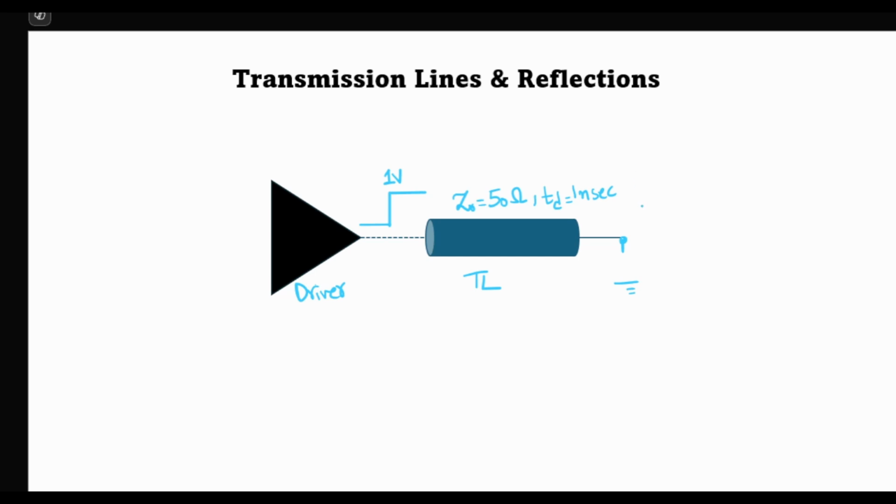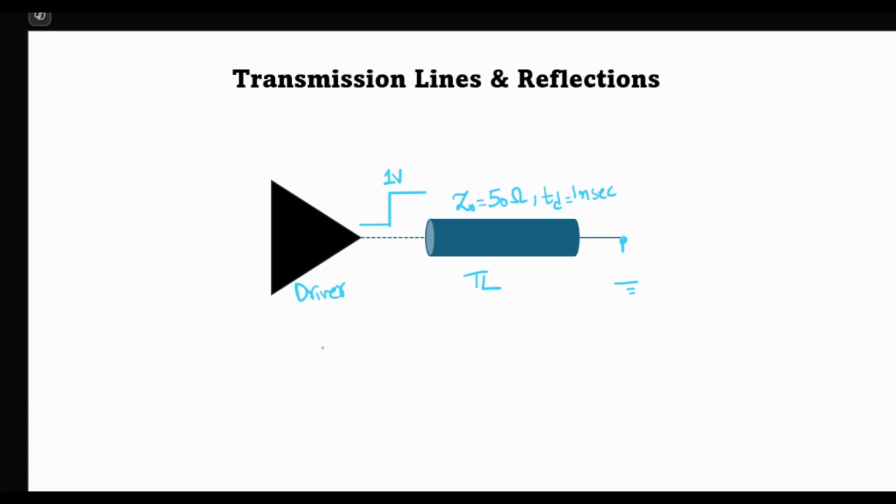Now we are interested in finding out the voltage at this far end of the transmission line. First we will find out theoretically what this voltage would look like, and then we'll do a simulation in SPICE to verify our results.